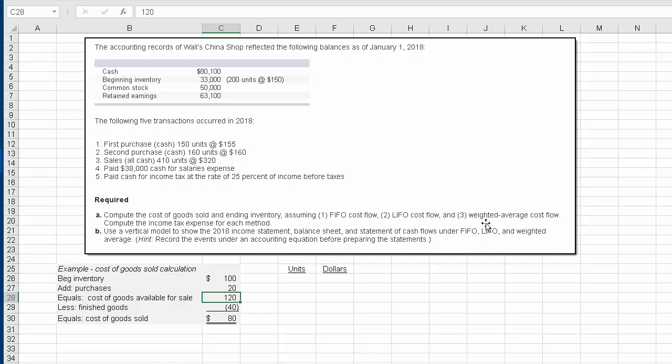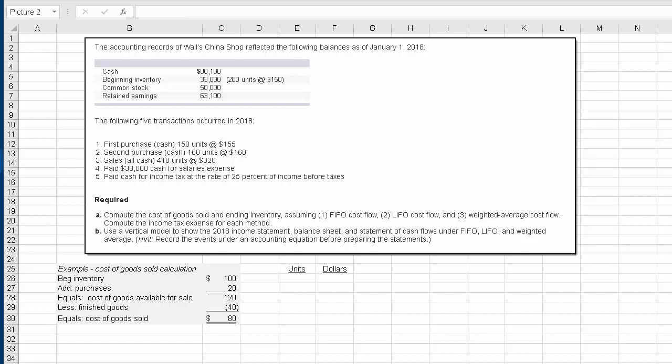The costs are what they were when incurred. Determining finished goods or cost of goods sold is an allocation of cost of goods available for sale, and the dollar amount of each will change depending on which method you use.